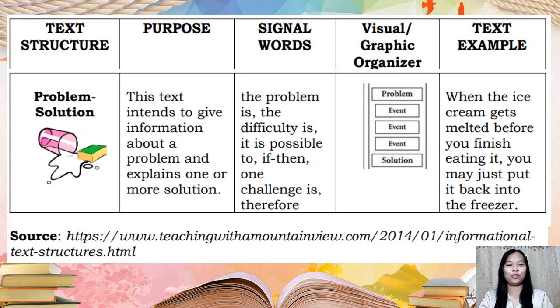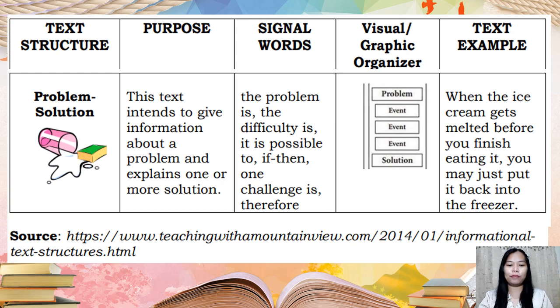And the last text structure is problem solution. So the purpose of this text structure is it intends to give information about a problem and explains one or more solutions. So signal words used for this text structure are: the problem is, the difficulty is, it is possible to, if, then, one challenge is, therefore.